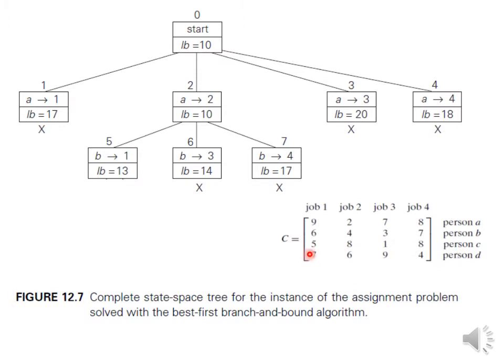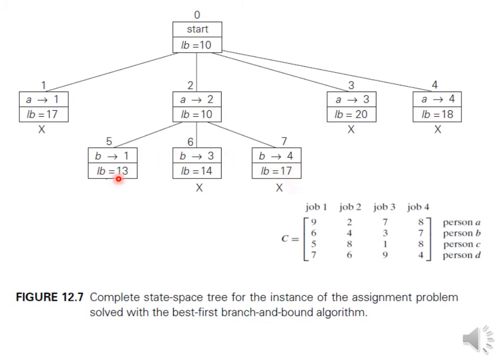Person D can be assigned with a minimum of 7 and 9, that is nothing but 7. So it is 2 plus 7 plus 1 plus 7. So 2 plus 7, that is 9, plus 1 is 10, 10 plus 7, that is 19. So that is how the lower bound is got.